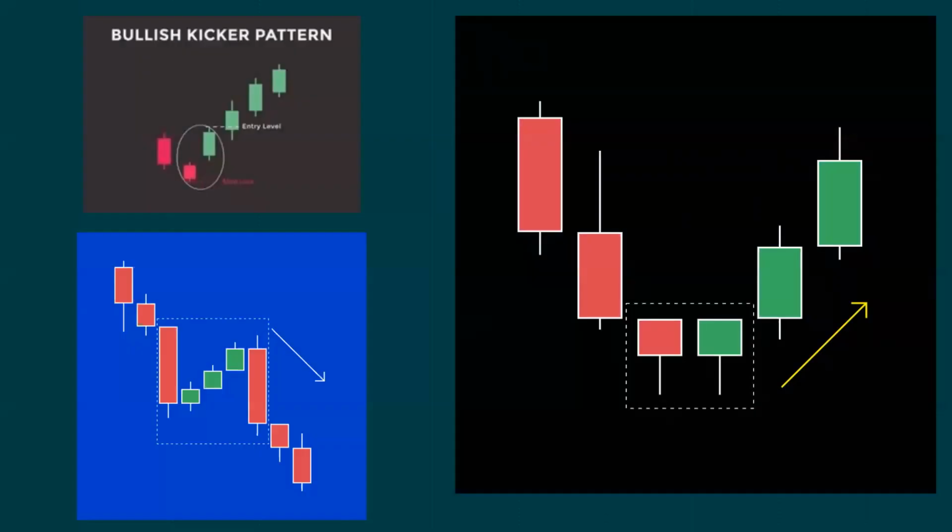Another one you could use is the bullish kicker pattern, and this is a reversal again. You can be conservative and go at the high of the third candle, or we can look at something similar to tweezers, where we use the high of the low candle or the low of the high candle.